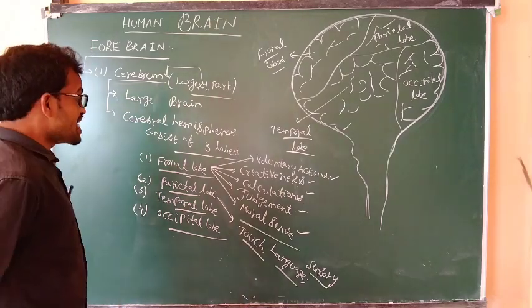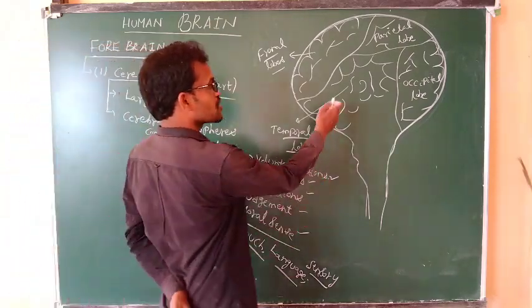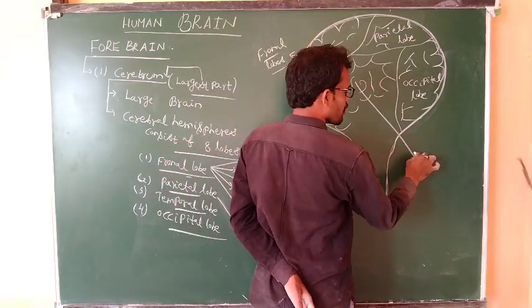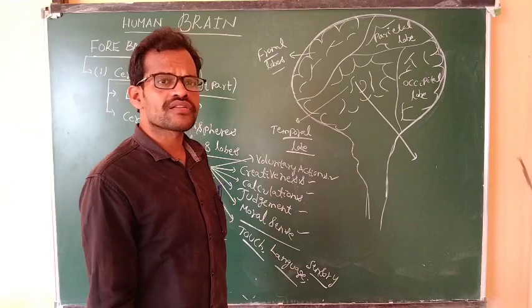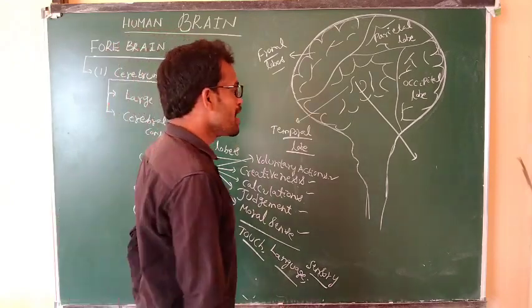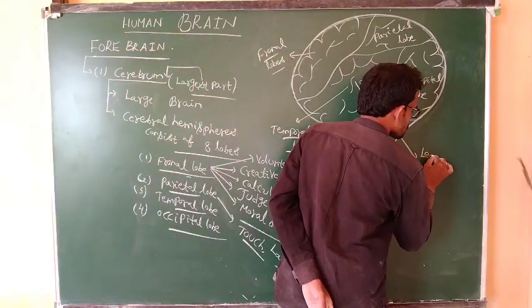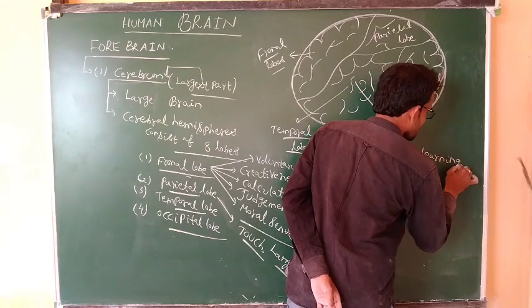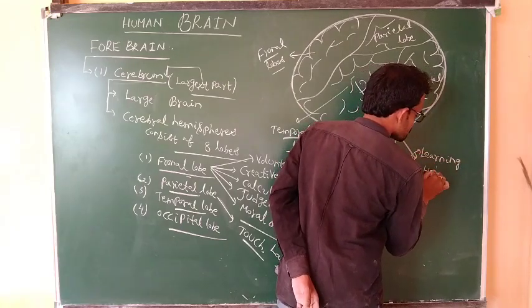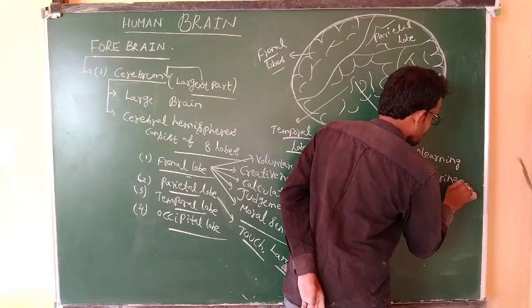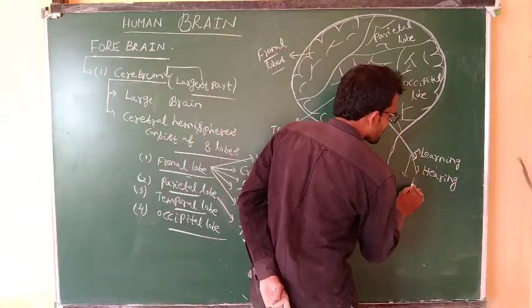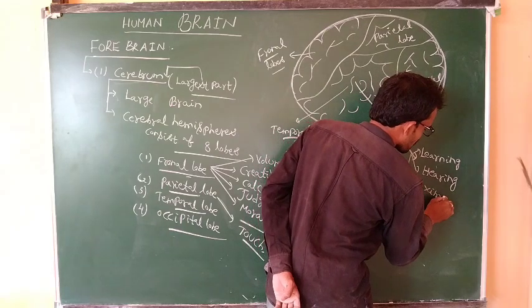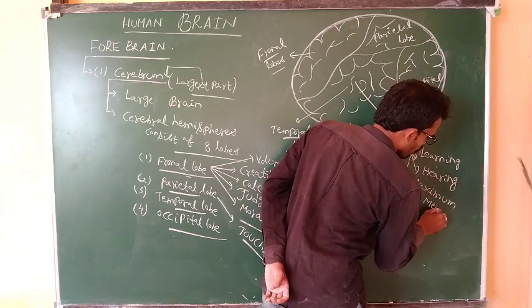What is the function of the temporal lobe? This temporal lobe also consists of neurons. Its functions are learning, hearing, and maximum memory storage.